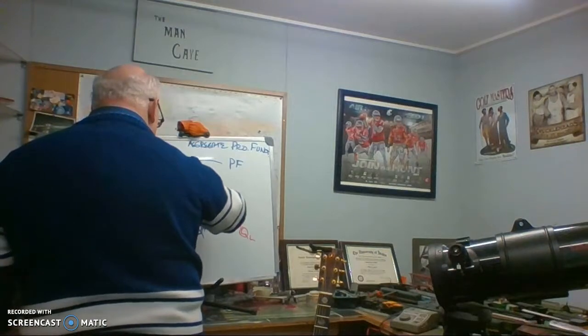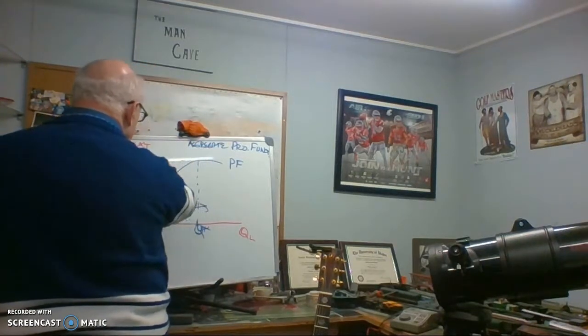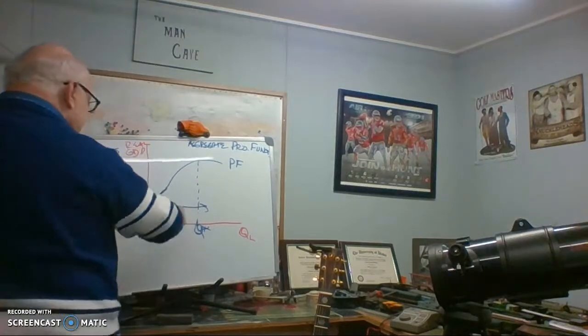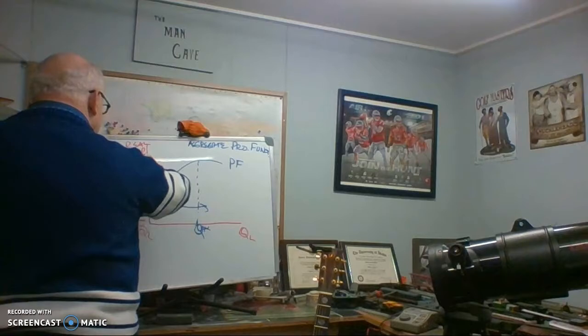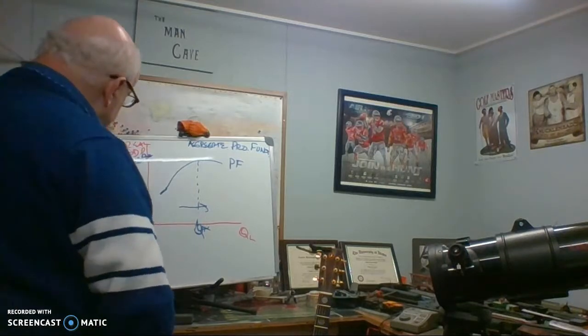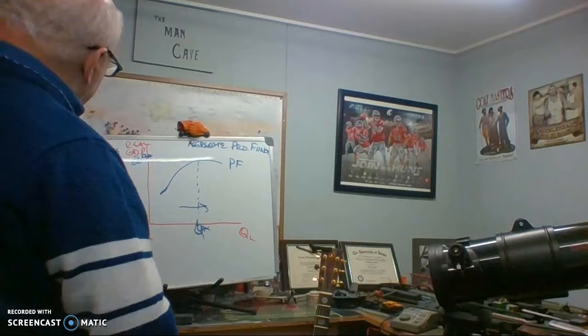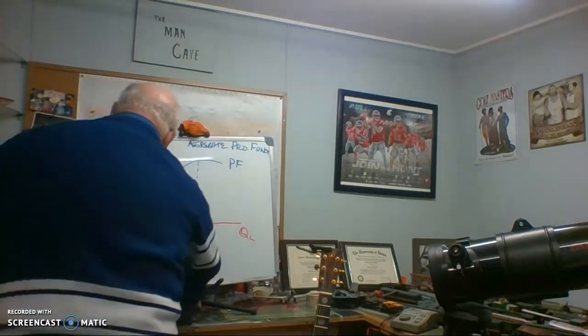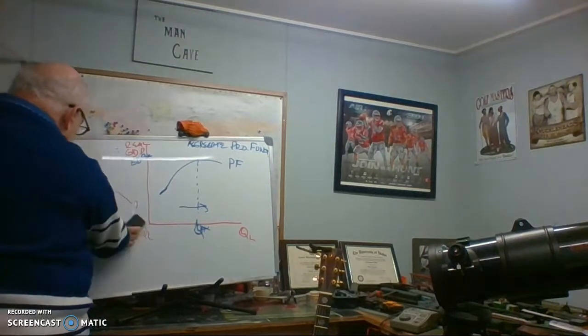And so at that point, QL, that labor can produce this amount of GDP. And we'll call that GDP star. Okay. So what does that mean? Well, next we can introduce, so we got the labor market here, which I will erase now.